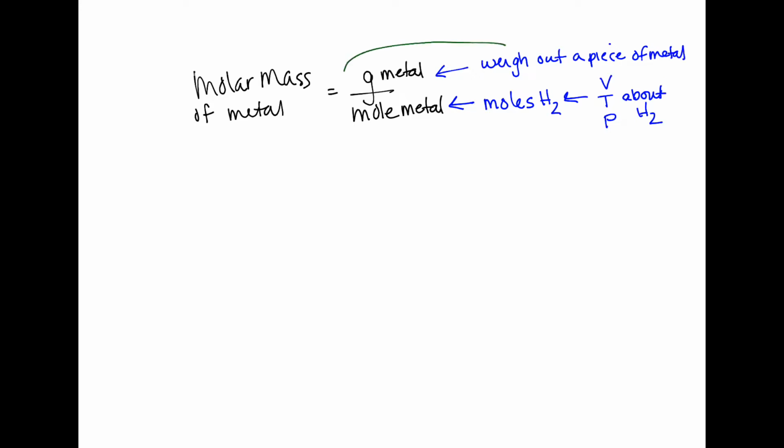Now this portion really isn't that hard. We could just use a scale to do that. So what I want to concentrate on is the procedure and the calculations for this part down here. To find this information about our hydrogen gas, we need to be able to do this reaction, reacting our metal with the hydrochloric acid, in a container where we can trap the hydrogen gas that's produced.